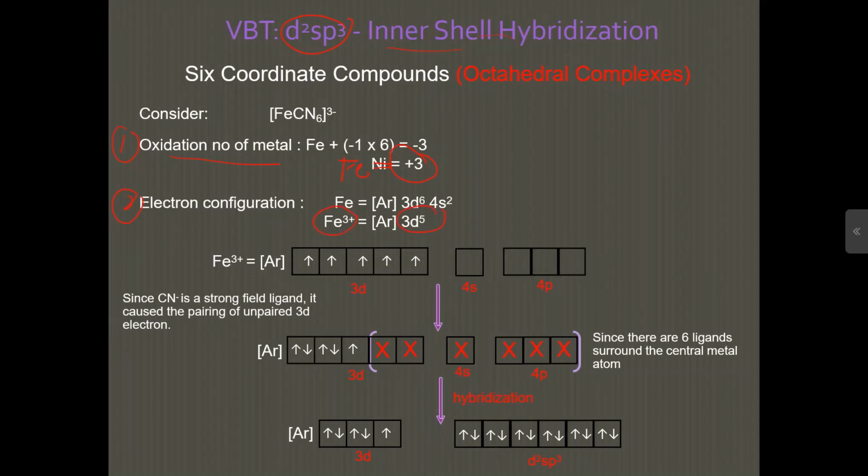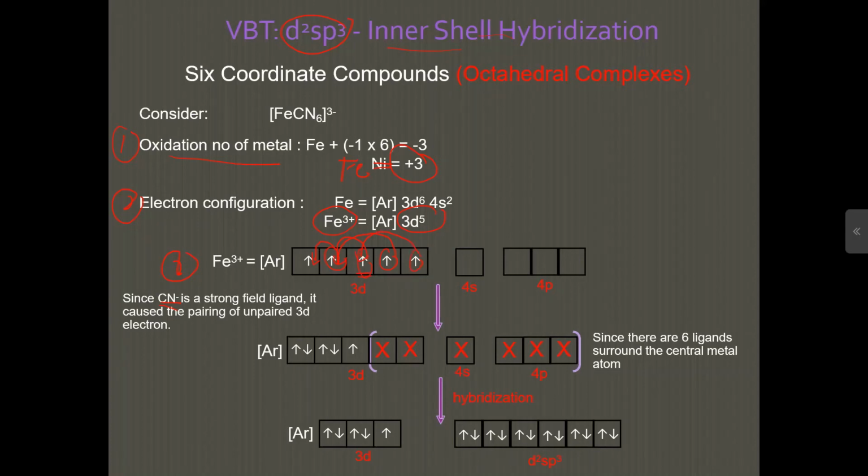3d5. Now you write the orbital diagram for iron 3+. Since CN is a strong field ligand, the electrons in the 3d will be paired up. So this one will be paired up here, this one goes here, this one pairs up here, and the last one goes into the third orbital.